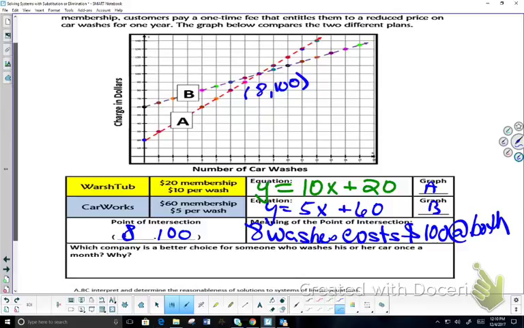Okay, so if I wash my car once a month, that means I do it 12 times in a year. Would it be cheaper? Yes. So I would go with Car Works if they offer the same service and my car comes out looking great every time, right?